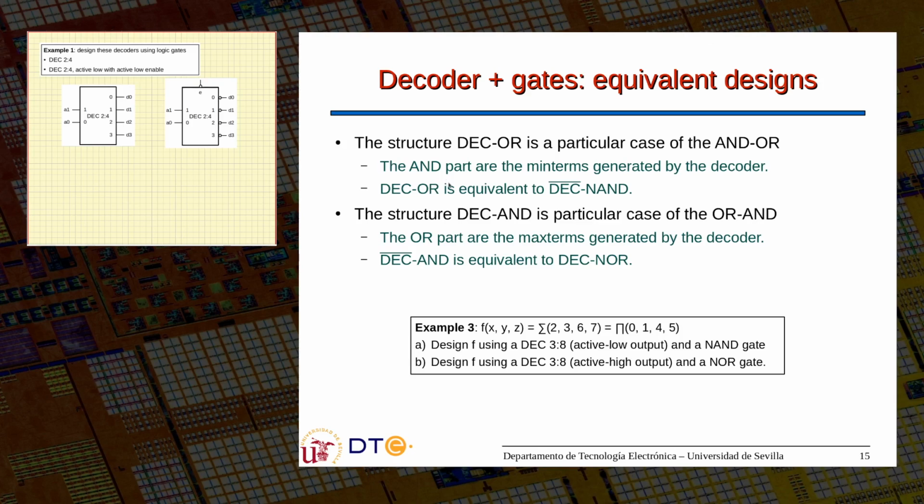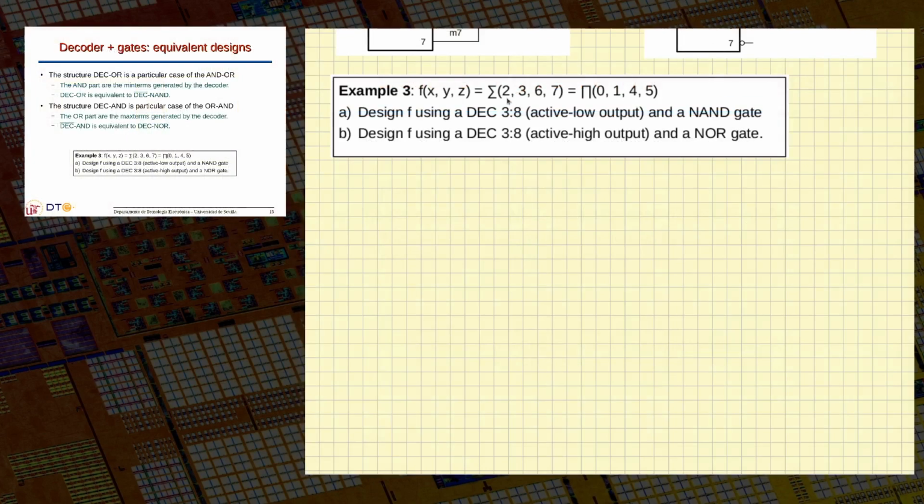If we have an expression as a sum of minterms, the decoder does the minterms, which is the AND level, the products. So we then do the OR to do the sum. But we have seen in the previous unit that a two-level circuit AND-OR is equivalent to a two-level circuit NAND.